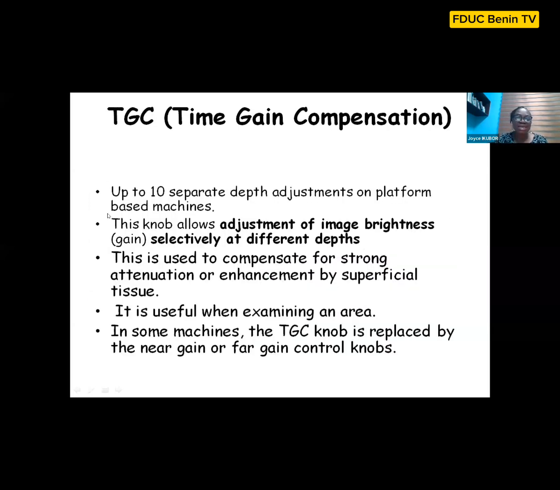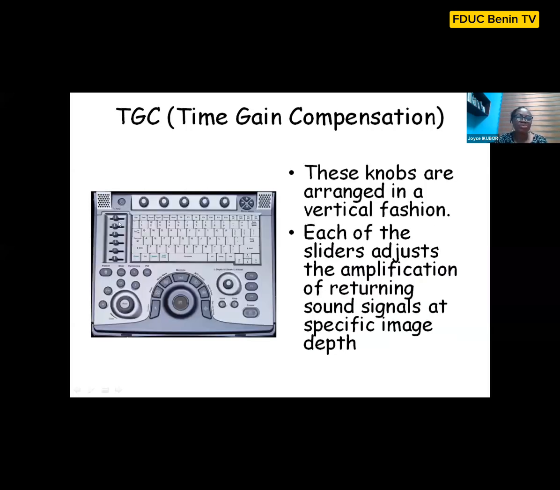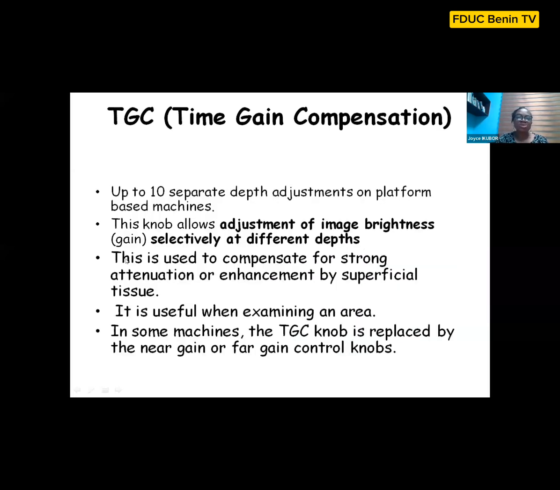They are usually up to 10. The difference on machines will be like this one is just 6, some can be between 6 and 10. So each of them, you can adjust to selectively get the brightness at a particular depth.